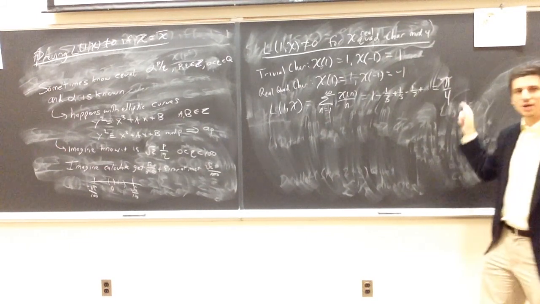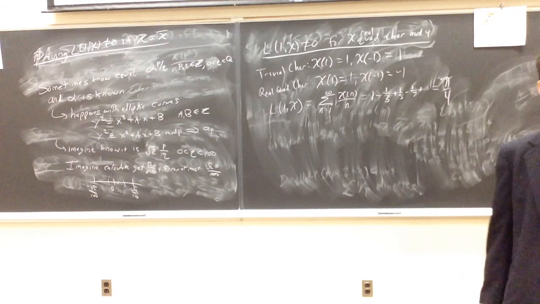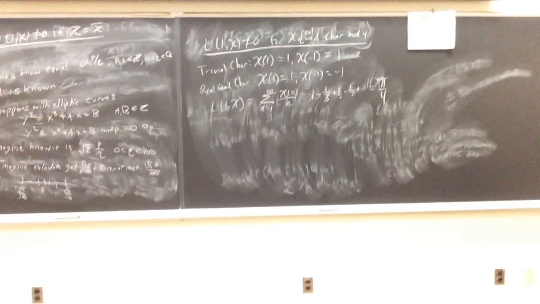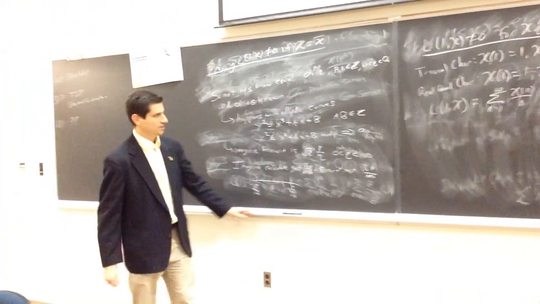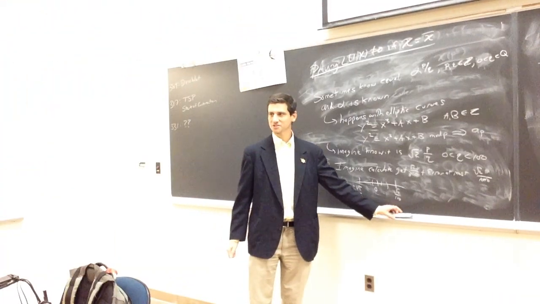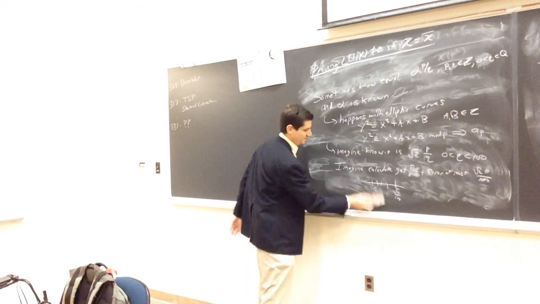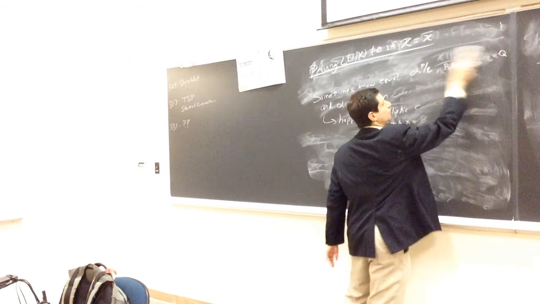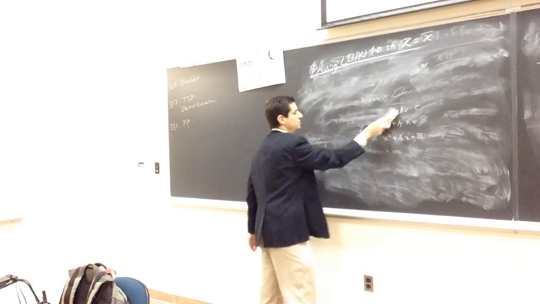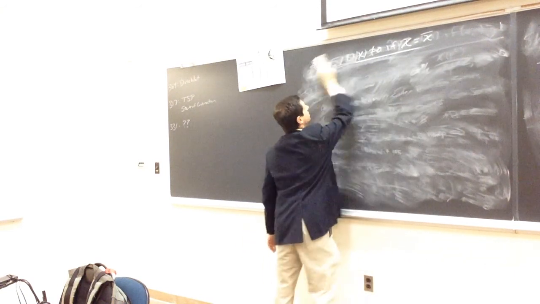Where does the pi over 4 come from in this? We could do it through Fourier analysis, which would be kind of fitting in this class. There's lots of ways to get pi over 4. There's actually a name for this expansion for pi over 4.